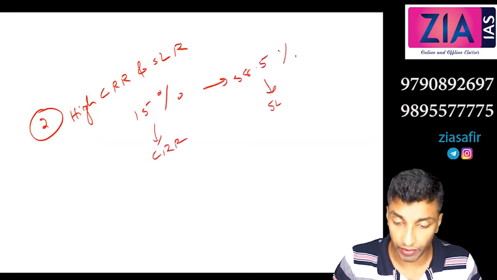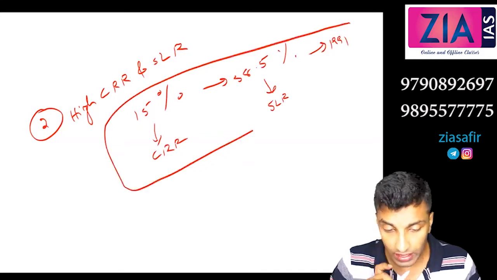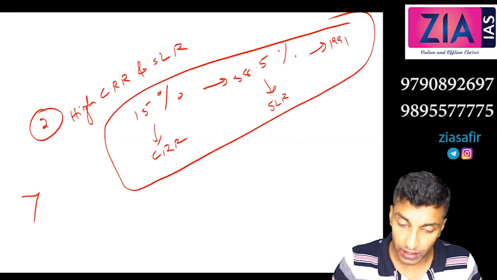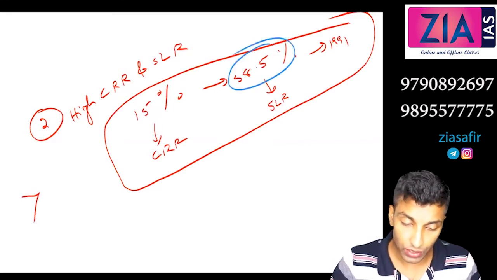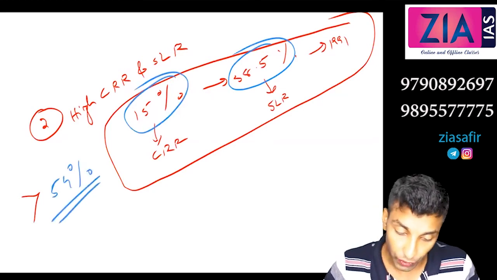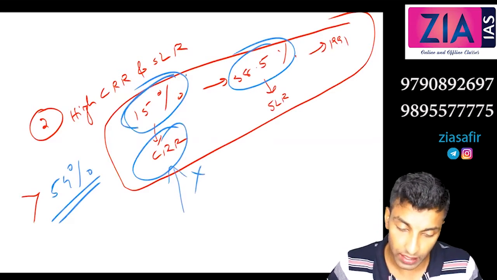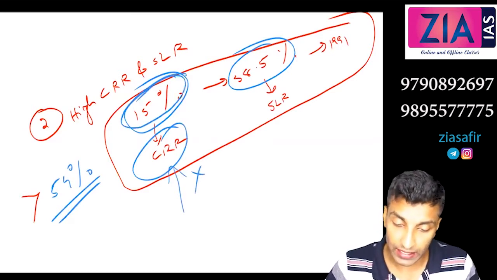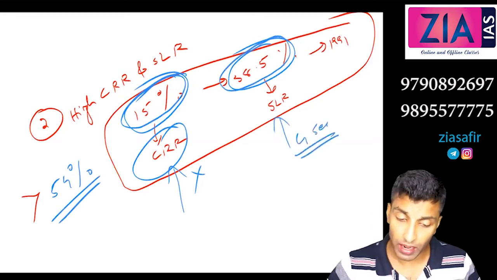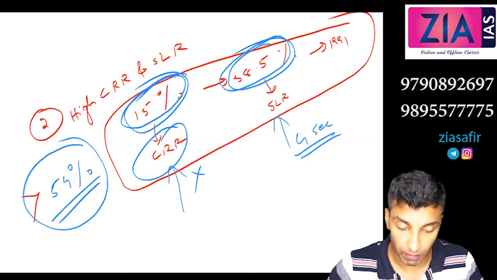So more than half of the money coming to the bank, around 54%, got stuck with the bank. For the 15% CRR, no interest is paid. In case of SLR, it is maintained in G-secs, so you may get some return. But actually 54% is stuck for the bank.